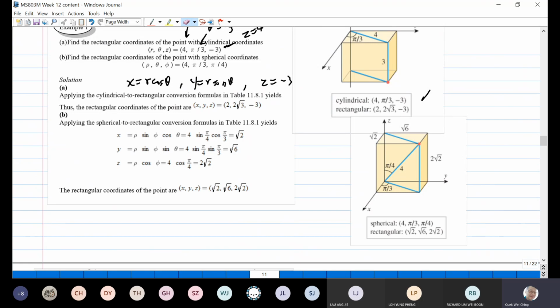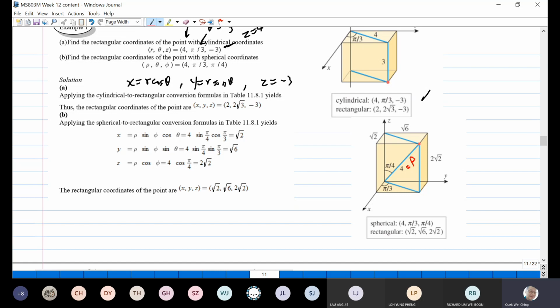So I will tell you, rho is the distance from the origin, so this is 4 here. If rho is equal to 4, then what is this length now? The angle is pi over 4, right? Phi is pi over 4.